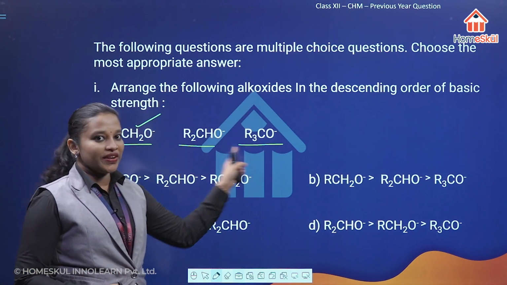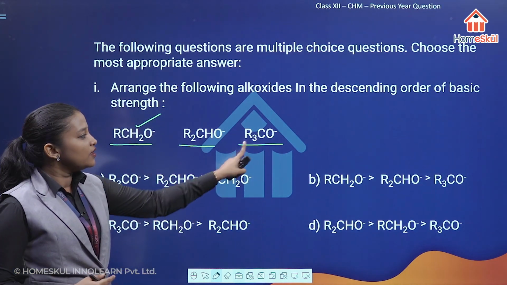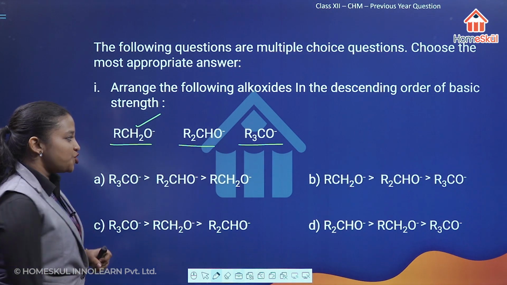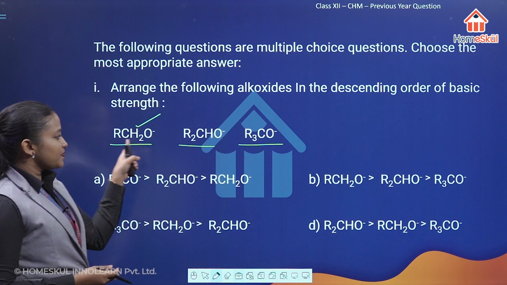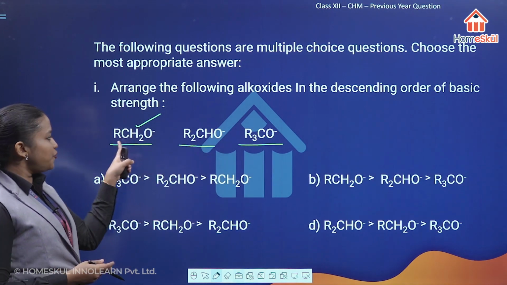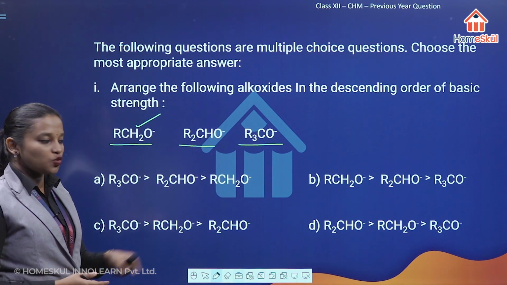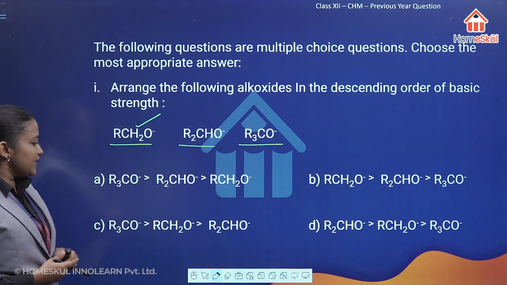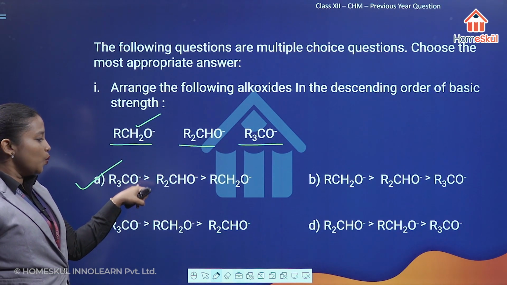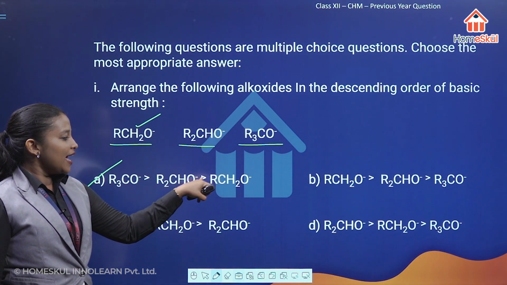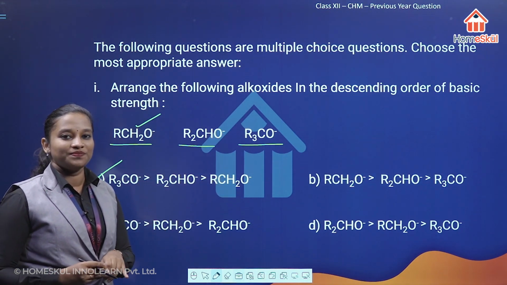So, considering this fact, which is more basic in nature? Yes, it should be the tertiary one. Then secondary, and finally, primary. So, what is the correct option? Yes, the first one is the correct option. R3CO⁻ is greater than R2CHO⁻ and RCH2O⁻.